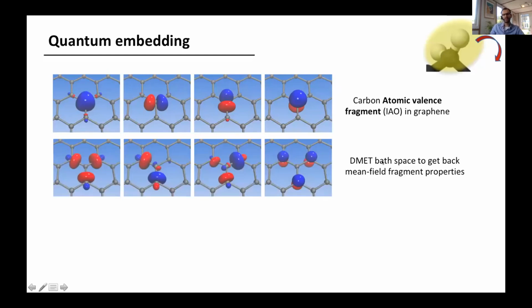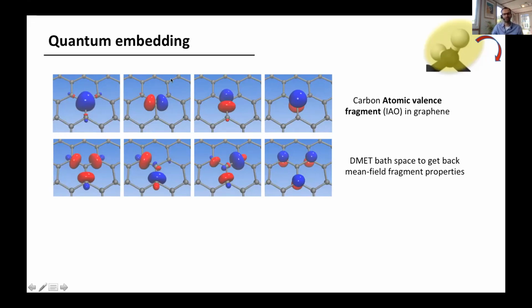And then I'm going to use my DMET-type prescription. I'm going to say, okay, I've got a mean field state over the entire system. What orbitals do I need to include with the atomic orbitals on my carbon atom, such that I end up with an active space which has a good number of electrons?